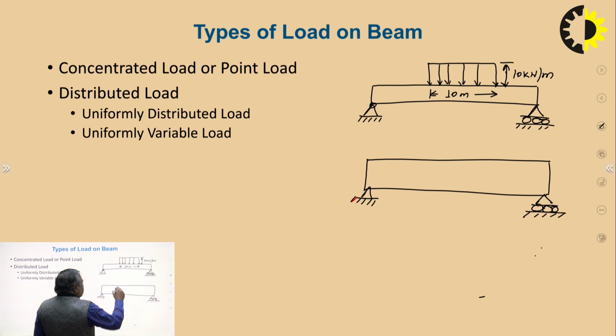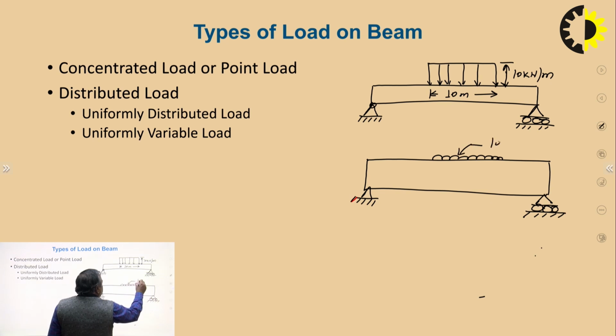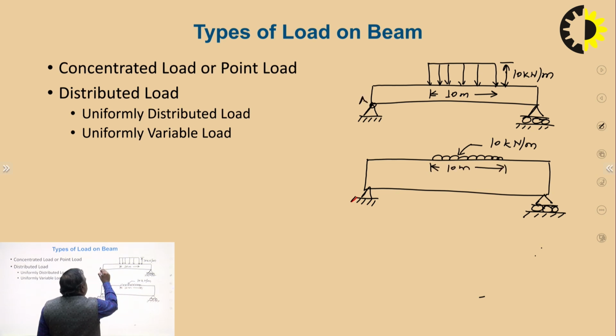This is roller over the same span. Here I will write 10 kilonewton per meter, and this is 10 meter. A, B, C, D, A, B, C, D.